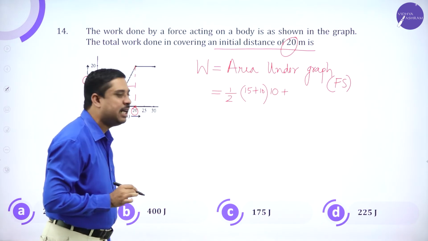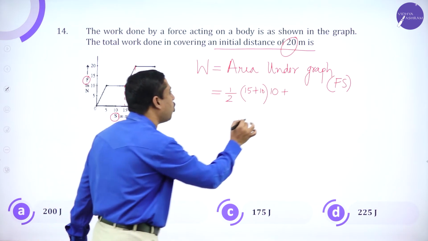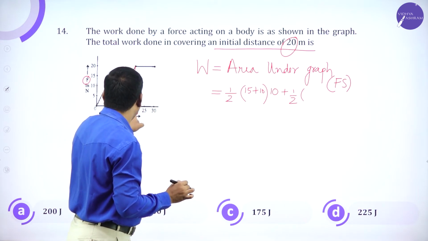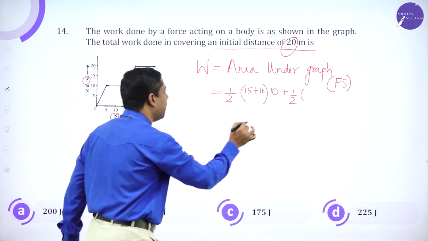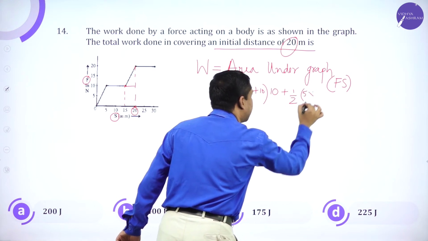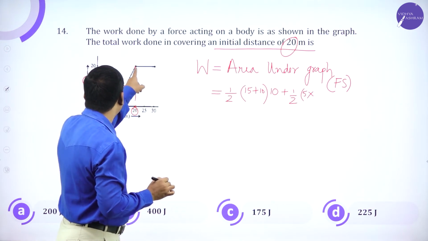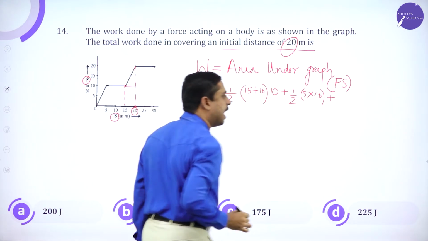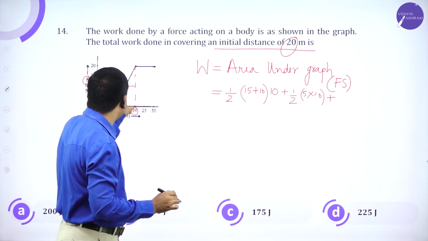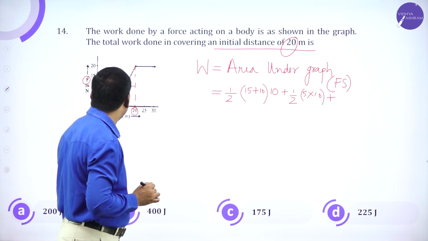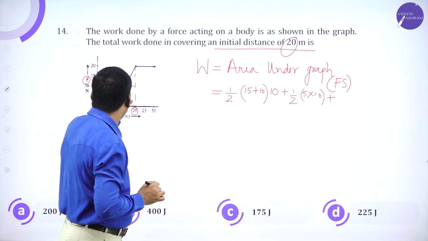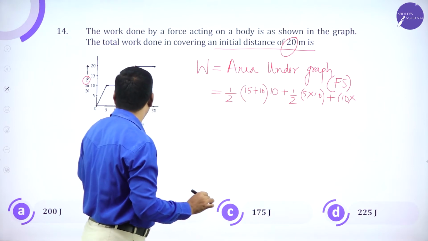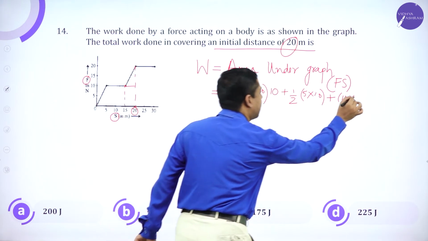There is a triangle here, half base into height. Half base is 20 minus 15, which is 5, into height 20 minus 10, which is 10, plus there is a rectangle here, length into breadth. So 10 into the breadth, which is 5.